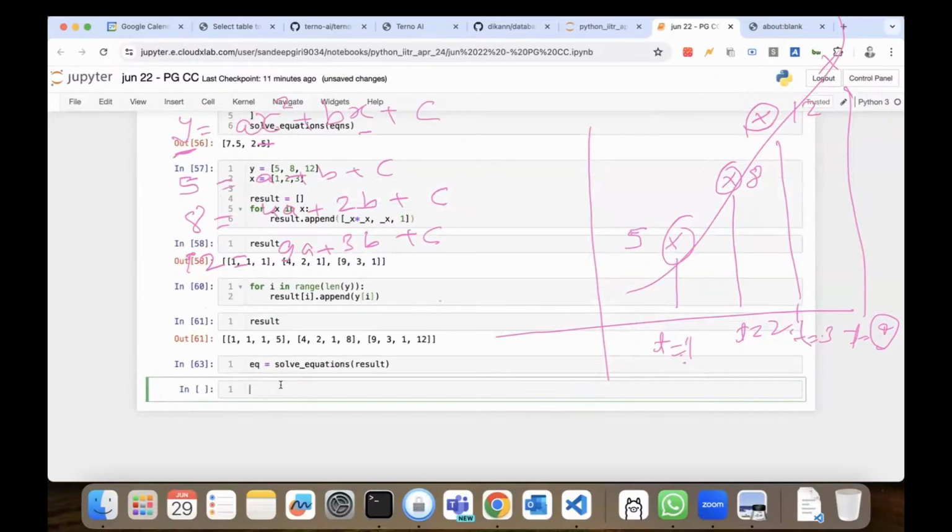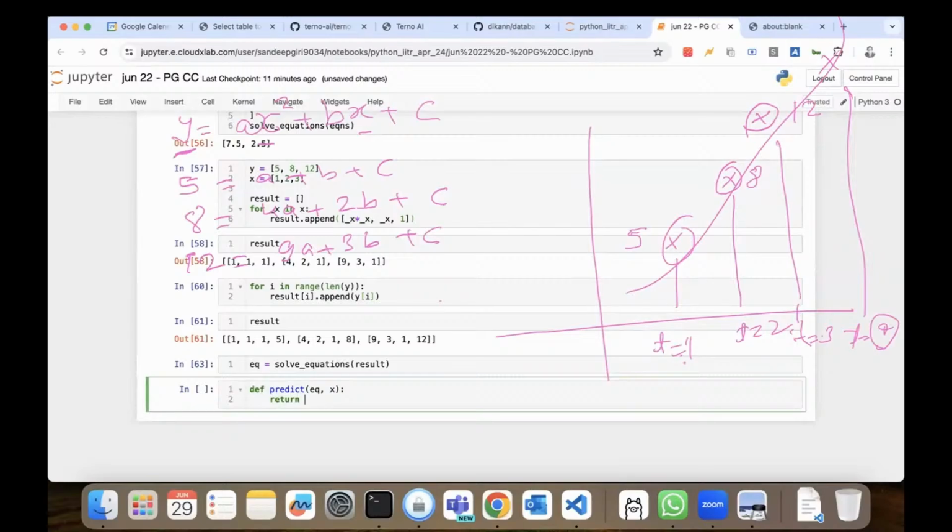And now I can define a method called predict, which takes this equation and the value of x and returns essentially the resulting value of this. So how would I do it?